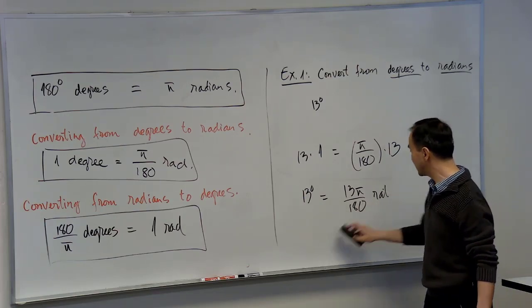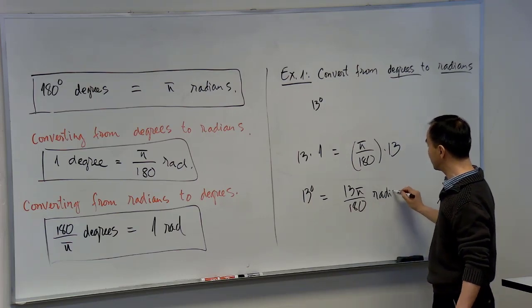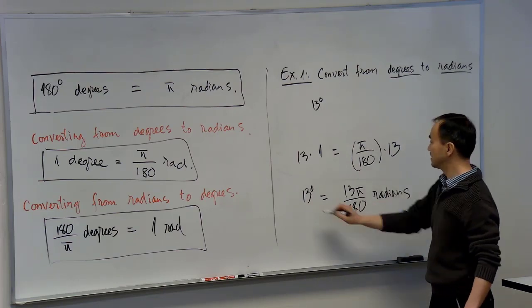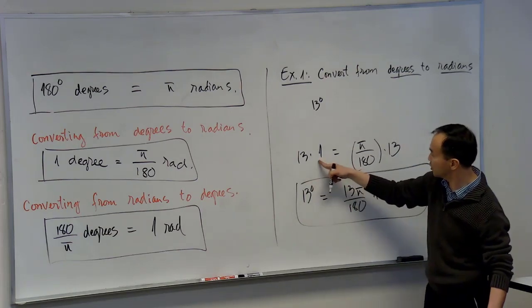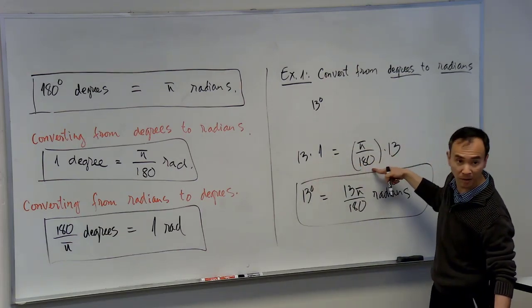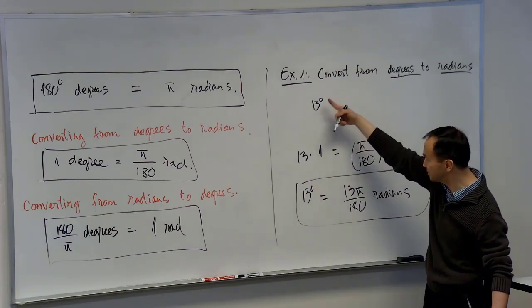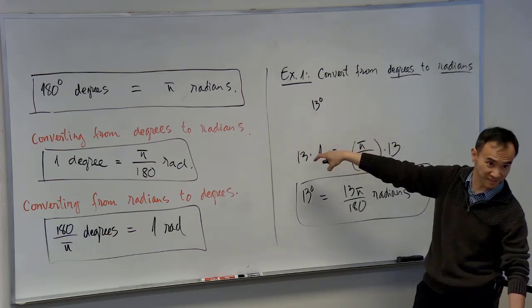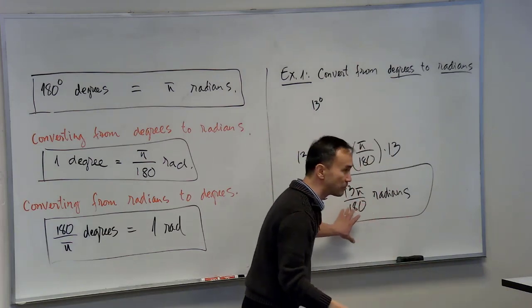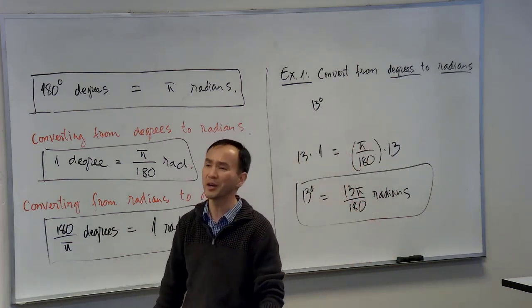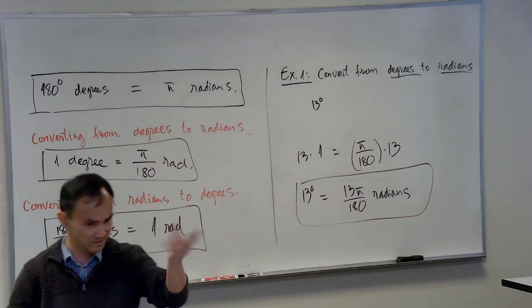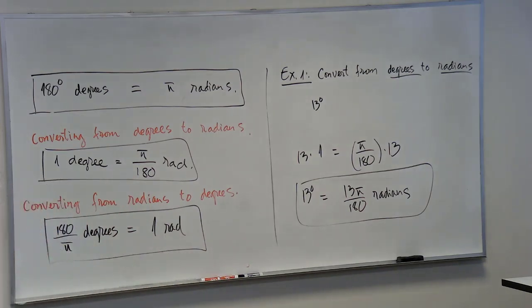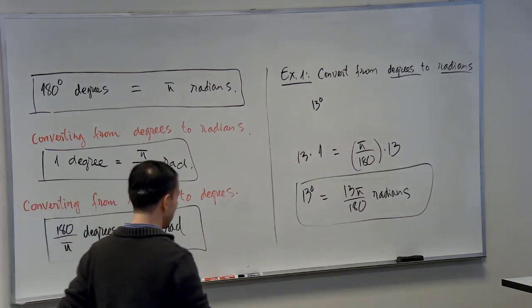What did I do right there? I started out writing down that relationship, 1 degree equals pi over 180. Then I need 13 degrees, so I multiply 13 to both sides, and that's how I arrive at the number of radians on the other side. This is just my way, how it's natural for me, but you guys don't even have to follow that way. And this is the exact expression.